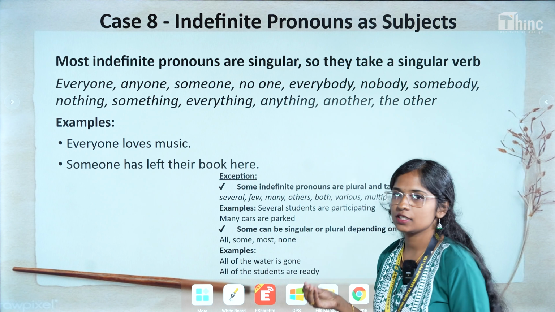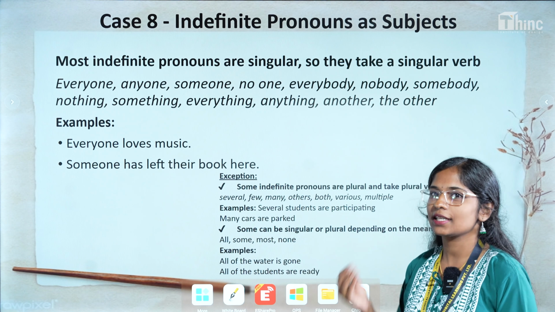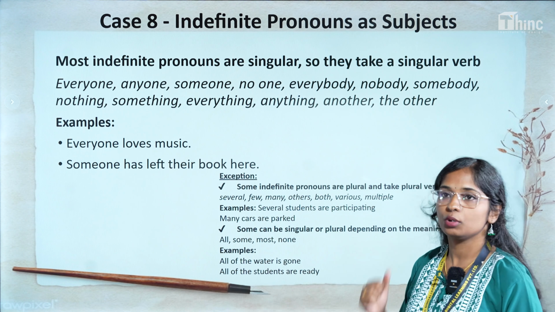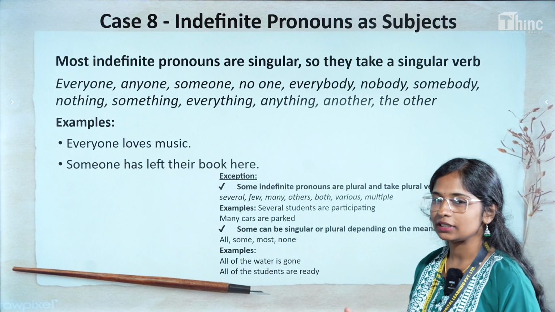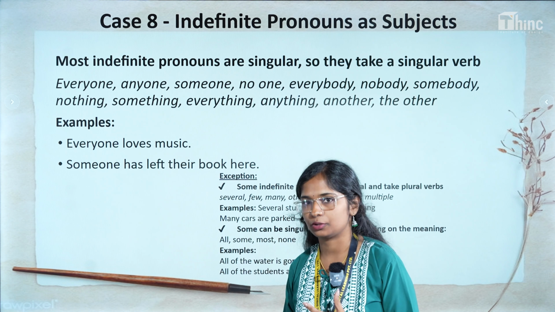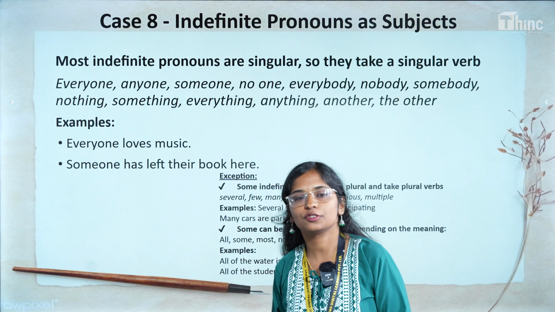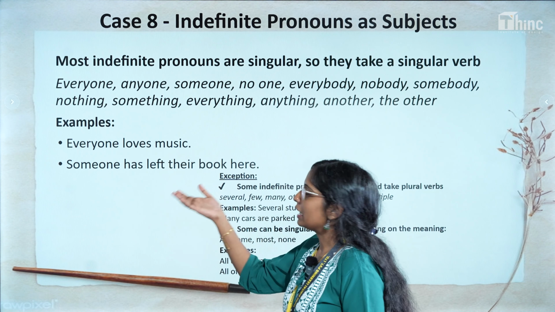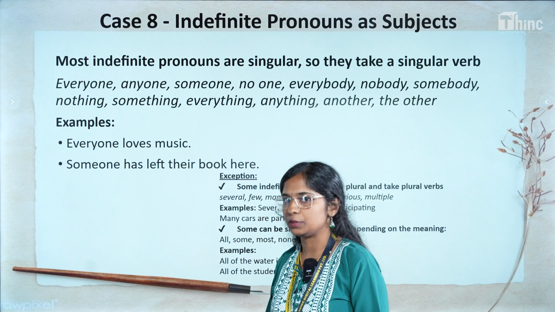For indefinite pronouns, we use singular verbs. Everyone, anyone, someone, no one, everybody, nobody. These are the indefinite pronouns. When we use these kinds of pronouns, we use a singular verb. Let us look at the examples. Everyone loves music.